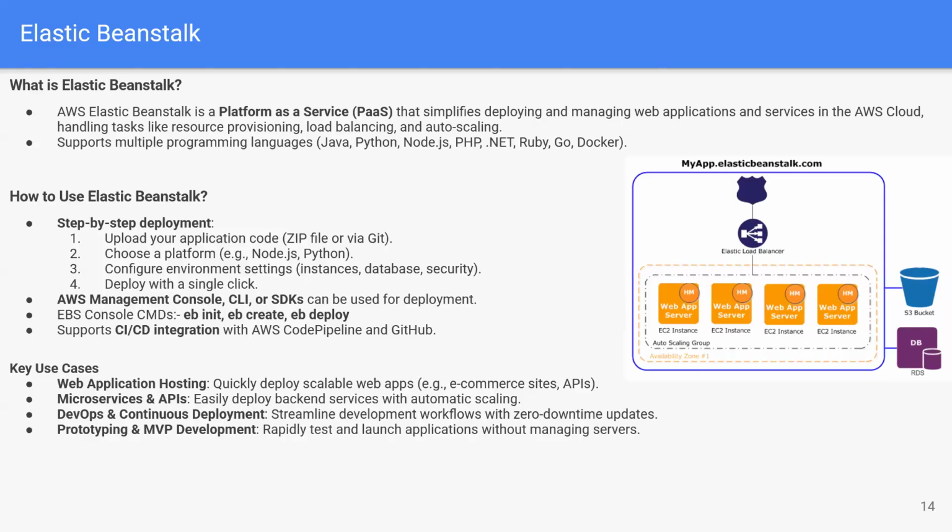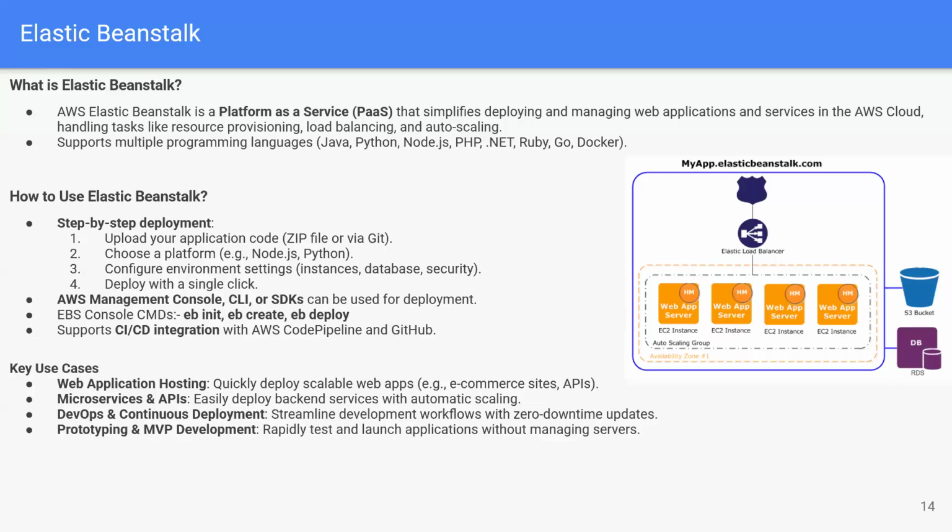So how do we set up Elastic Beanstalk? There are two different ways to set it up in the AWS environment. We can go directly to the AWS dashboard, zip our code, and upload it to the application as a zip file. Then we can choose the platform, whether it's a Node.js project or a Python project.